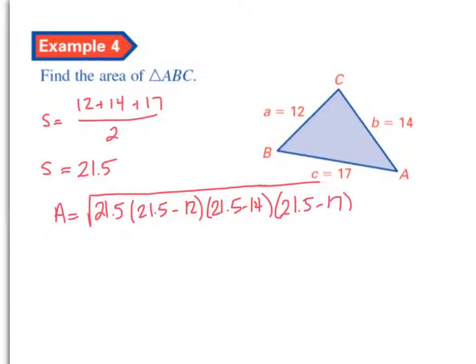Make sure all of that is under my radical. And what I get, after I put that in my calculator, is an area of 83.03 units squared.